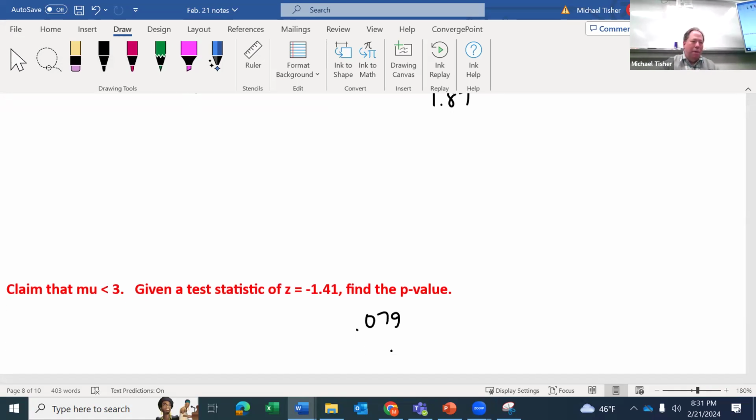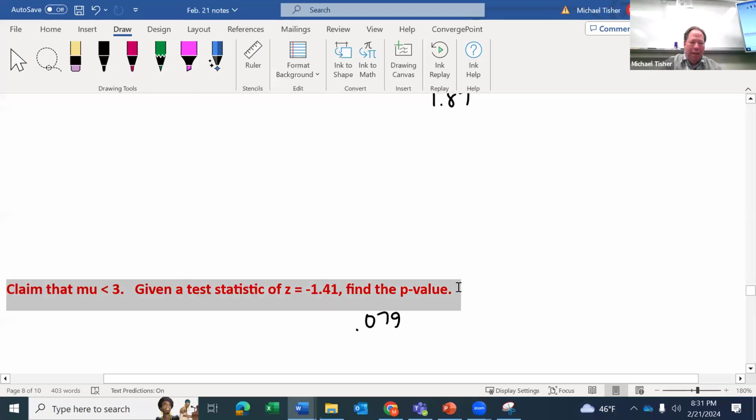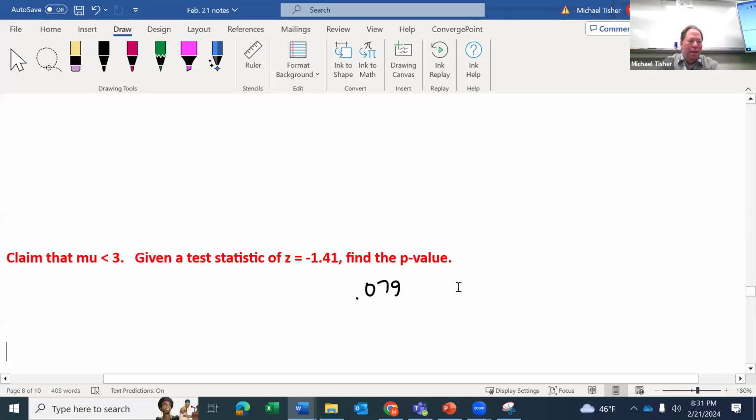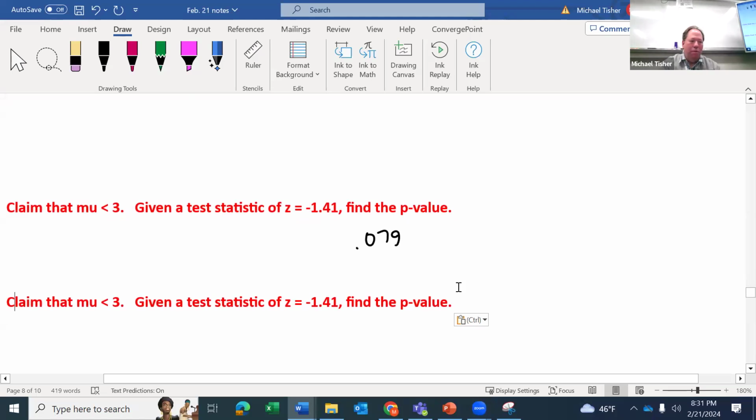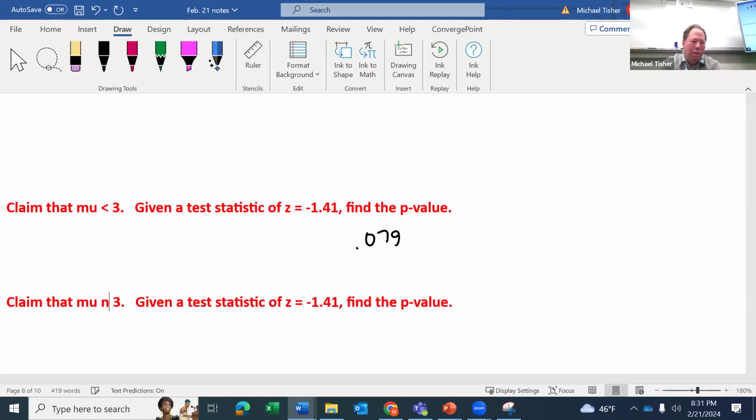Now this one's a little bit more challenging, but the flow chart can guide you in the right direction. We'll do the same thing. But this time, what if mu is not equal to 3?